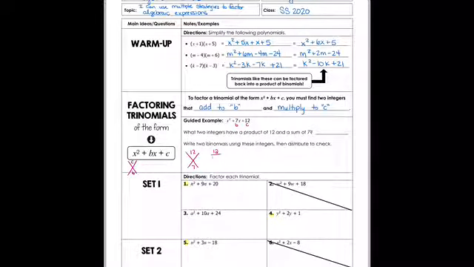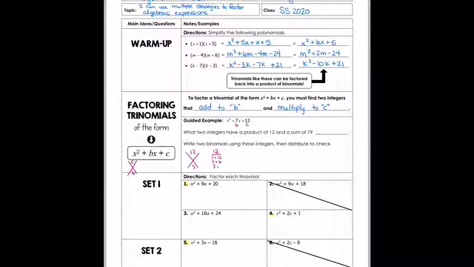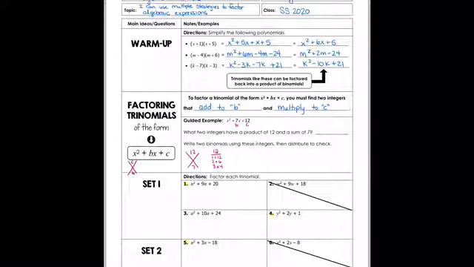Well, 12 could be 1 times 12, 2 times 6, or 3 times 4. And we want to look for a number that's going to multiply to 12 and add to 7, which would be 3 times 4. So those would be the solutions to the diamond problem.